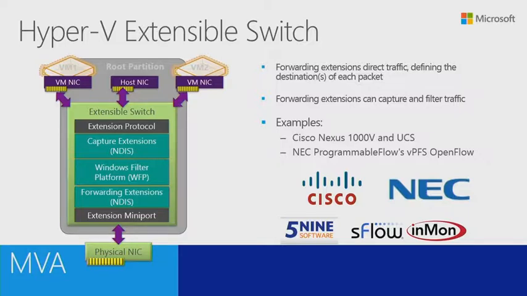Or, as recently announced by NEC, the first OpenFlow programmable virtual switch is now available, and it's for Hyper-V. NEC has released this and allows you to plug right in. OpenFlow is something that's been garnering a lot of popularity, especially in Asia Pacific and Europe. We've seen a lot of interest there, but it's growing all around. And OpenFlow is available right now as a switch extension into Hyper-V.